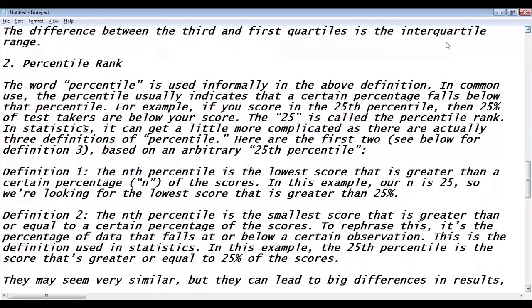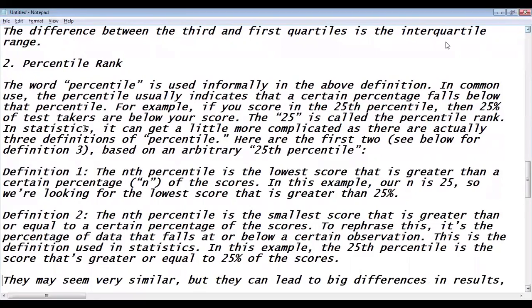The second definition is just a little different from the first definition. You can read out the second definition. The nth percentile is the smallest score that is greater than or equal to a certain percentage of the scores. So it is quite different.